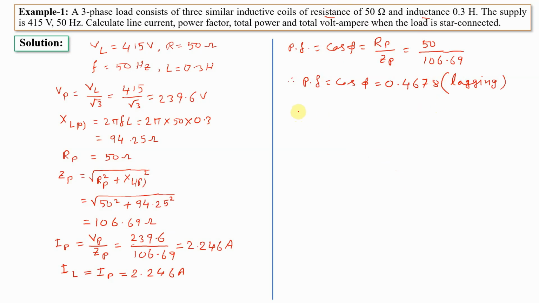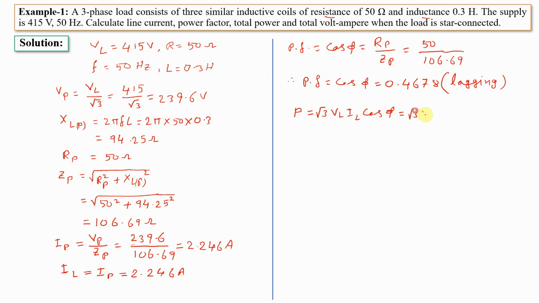Next, the power. The total power means the active power. So P can be written as root 3 VL IL cos phi. We can use 3 V phase I phase cos phi also.